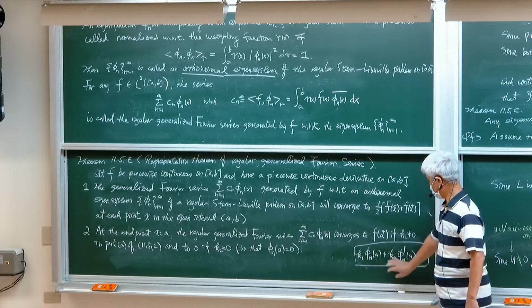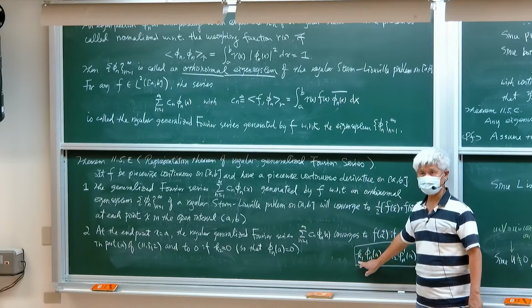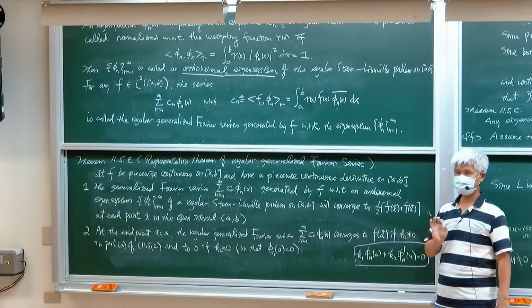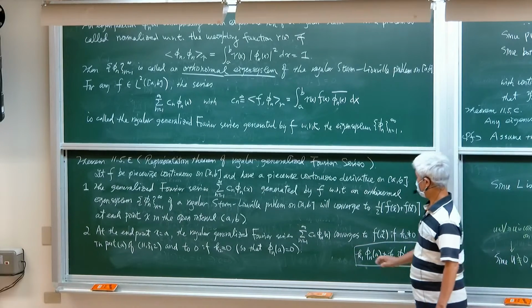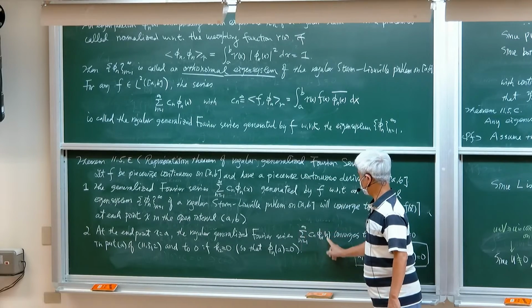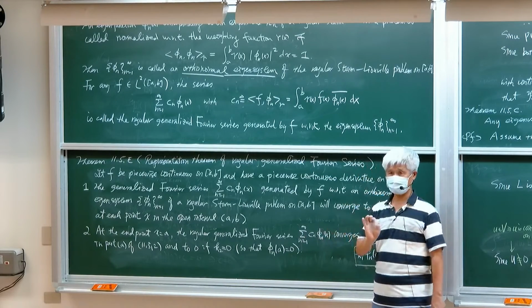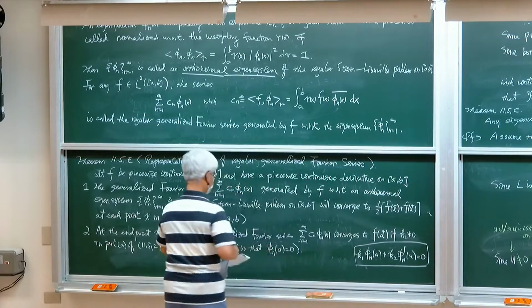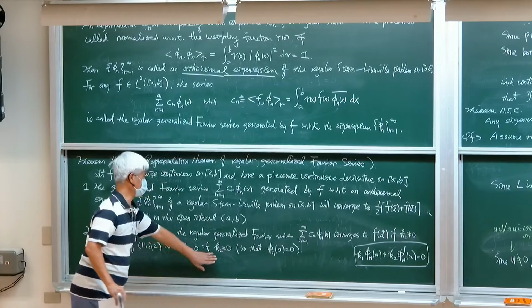So the sum at x equals a must be 0. This is why the Fourier series converges to 0.